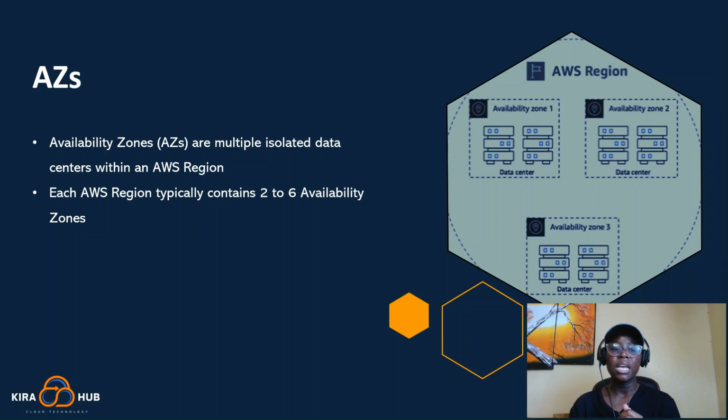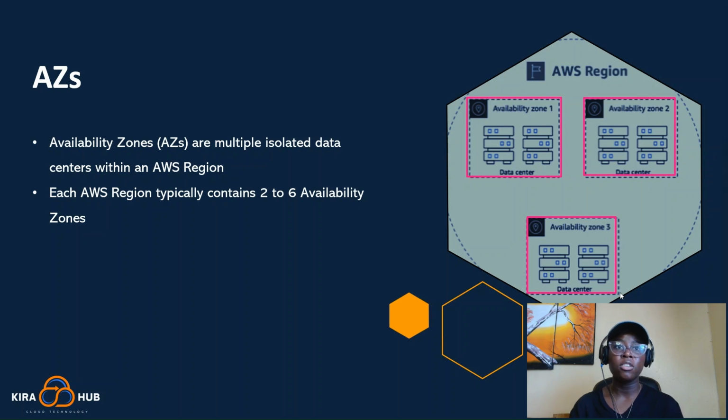We'll see this when we get into the demonstration part. One of the benefits of this multiple availability zone configuration, as you can see here, where we have a region with data centers in different availability zones, is to deliver high availability, from the term availability zone.